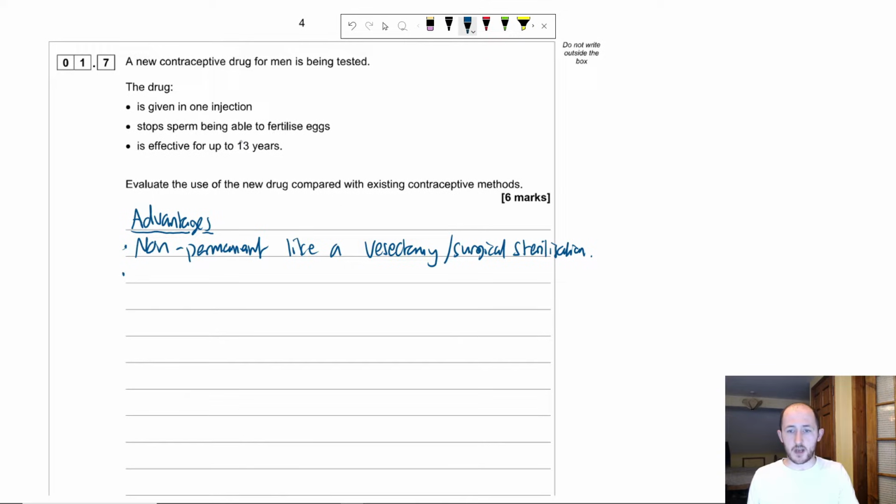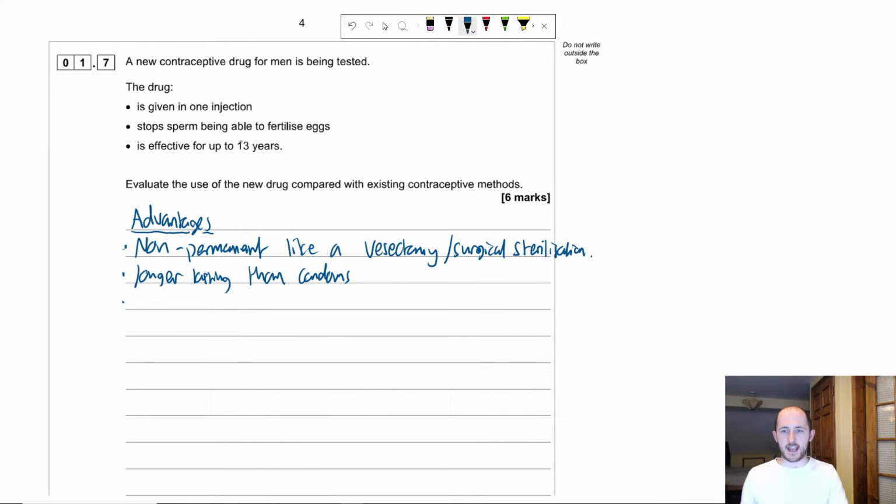It's also longer lasting. So we've compared it to vasectomies. We said, well, it's not permanent, right? Unlike vasectomies. And one other kind of benefit to the condom idea is that it's longer lasting. Okay, it's one injection, and then for over a decade, you won't be able to get a girl pregnant, I guess.